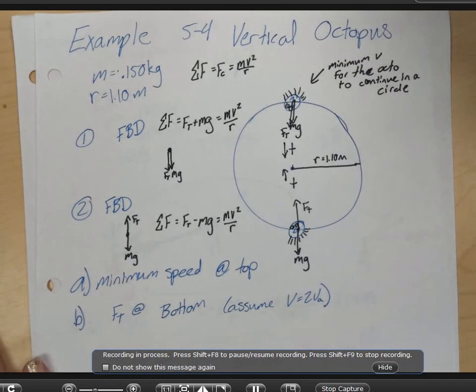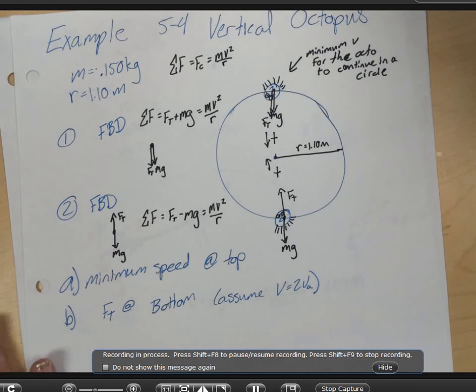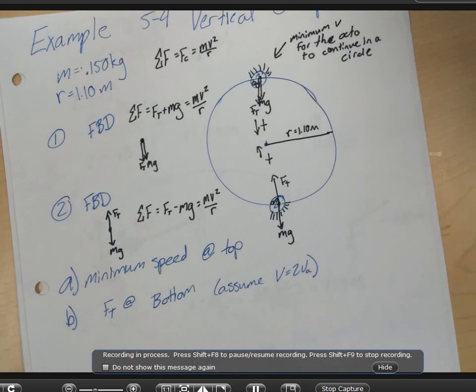So, solving. Now we have to look at some conceptual or situational things about this problem. One of the things we want to look at is that at the top, it says we need to know the minimum speed the ball must have in order to continue moving in a circle. So if the ball is at the top, the two forces are the force of tension and the force of gravity.